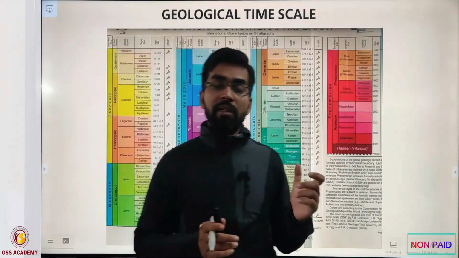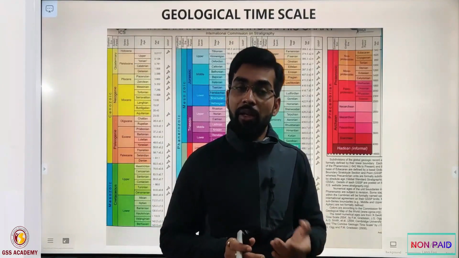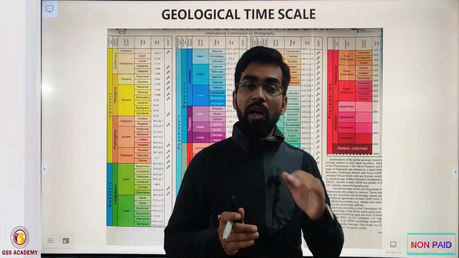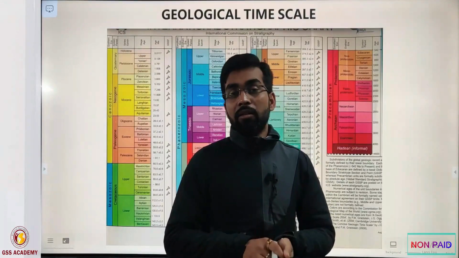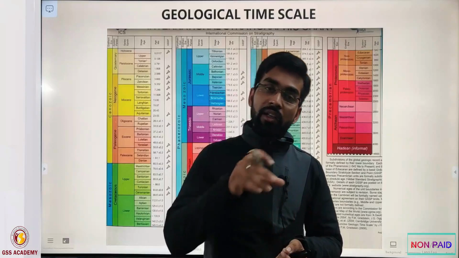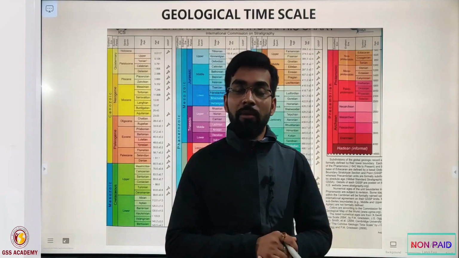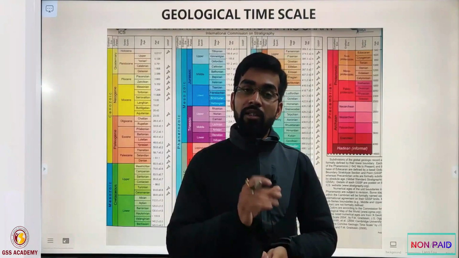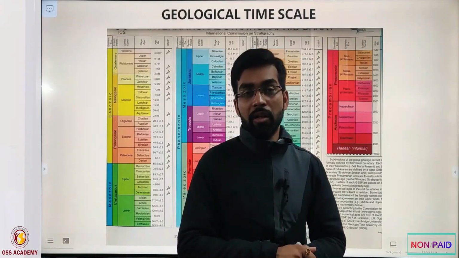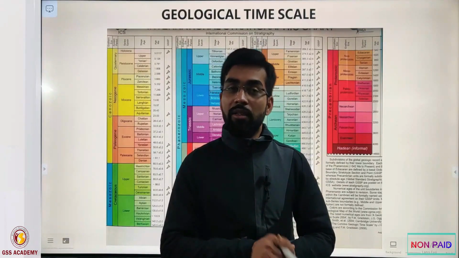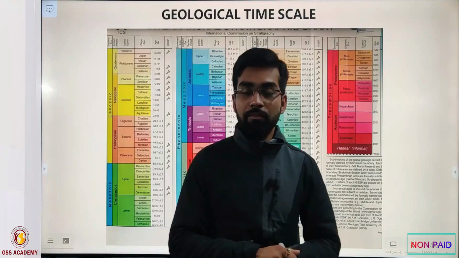But as time passes, in the Devonian, when the time comes close to the Carboniferous, formation again started in the Indian Peninsula, and that is one of the largest formations in the history of the earth, the Gondwana formation.